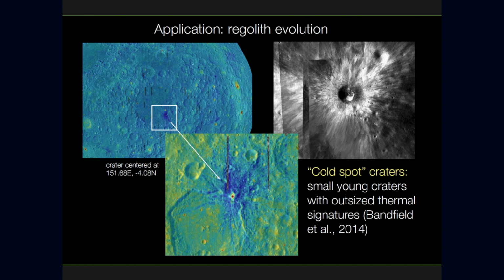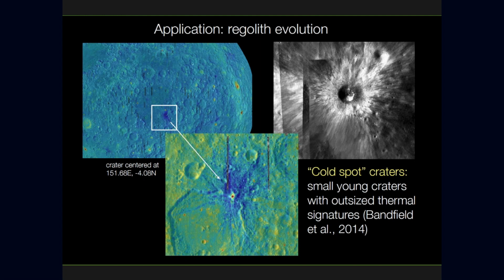So Josh and some other people on the Diviner team, looking at the regolith temperature map, very quickly discovered a whole bunch of very, very cold spots, which are associated with very small young craters that have extremely outsized thermal signatures. Craters on the order of 10 to a couple of tens of meters produce hundreds to thousands of meters of thermal influence.